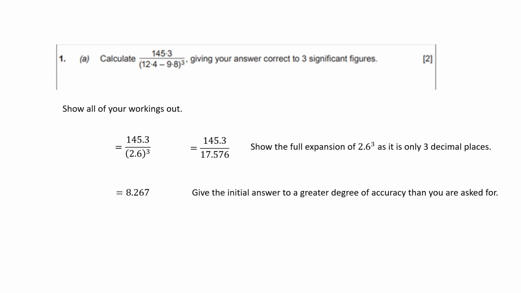Whereas if we just put in a final incorrect answer, then we will get 0. So we want 8.2 something. So we look at the number after the 6, it's a 7. Because it's more than 5, the 6 increases, and we end up with a final answer of 8.27.